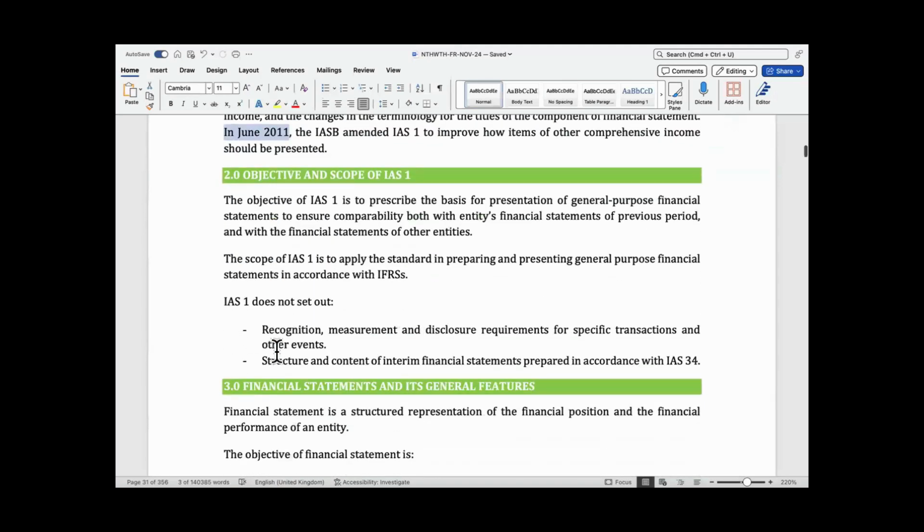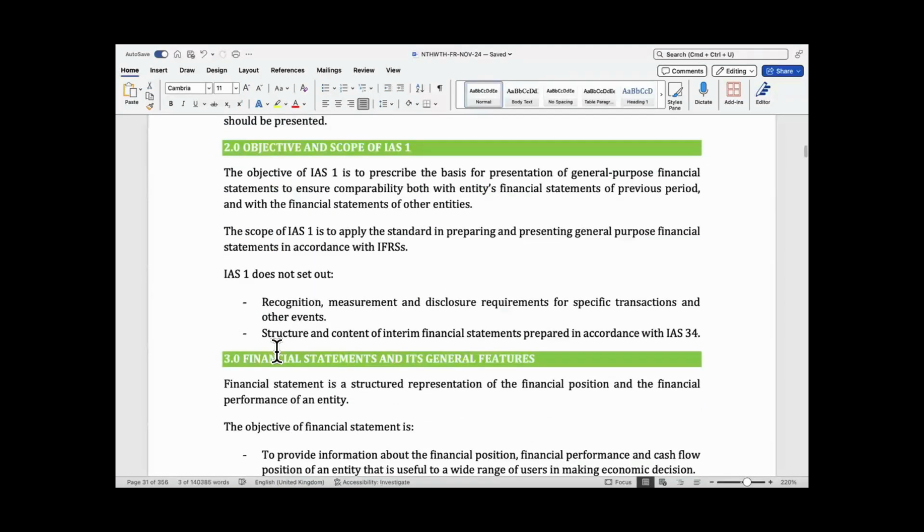Now, when it comes to IAS 1 on presentation of financial statements, the objective of this standard is majorly to prescribe the basis for the presentation of financial statements.